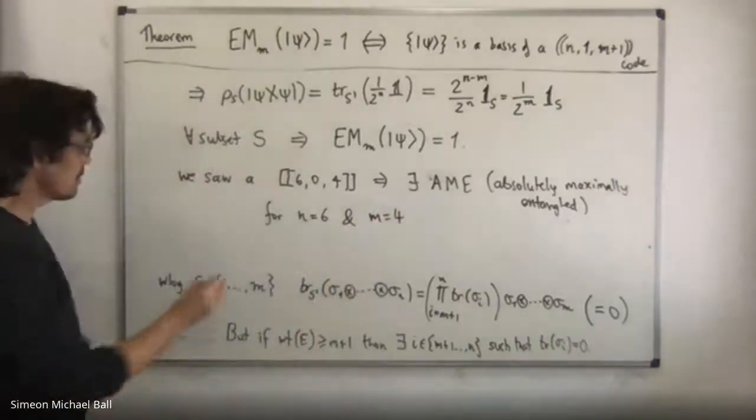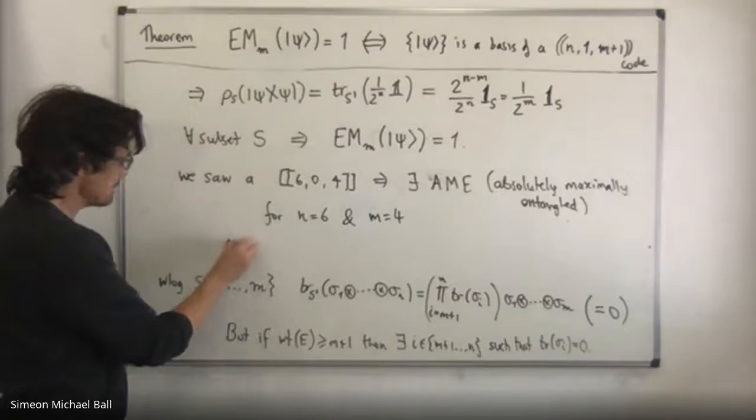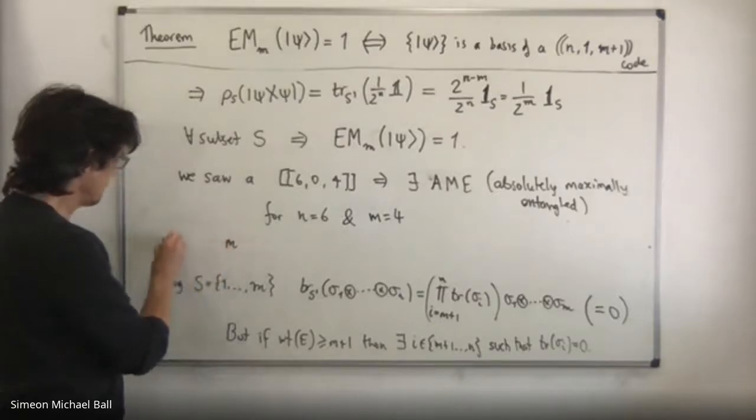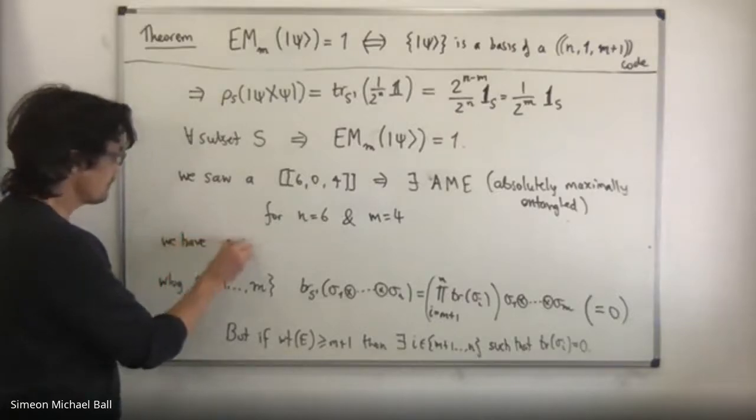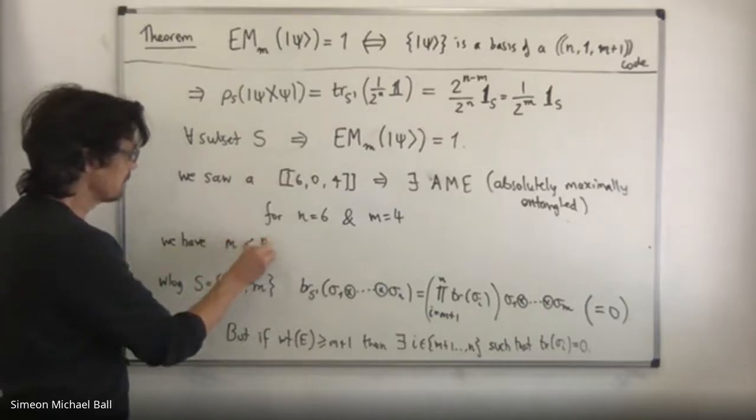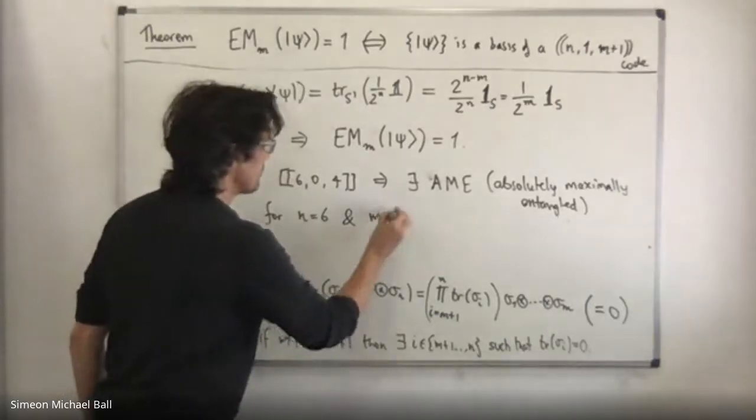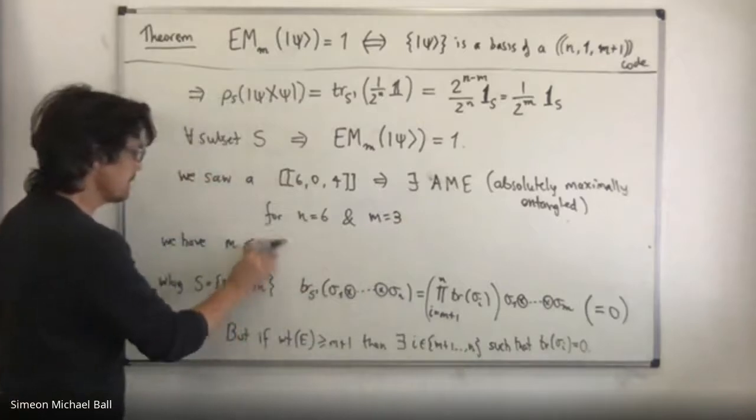Oh yeah, I should have said so. Since m is 3, this is less than or equal to n divided by 2.